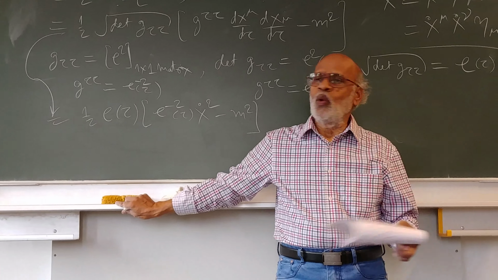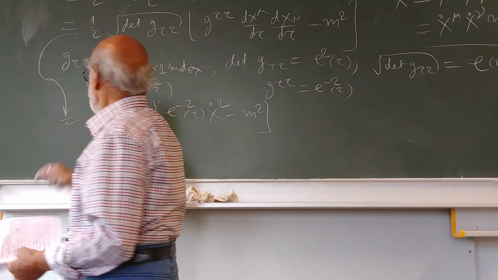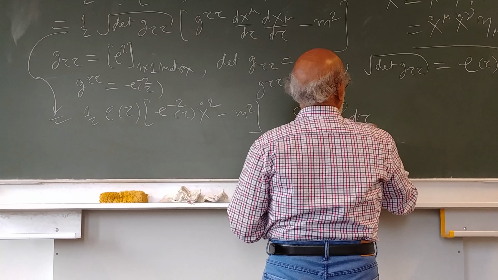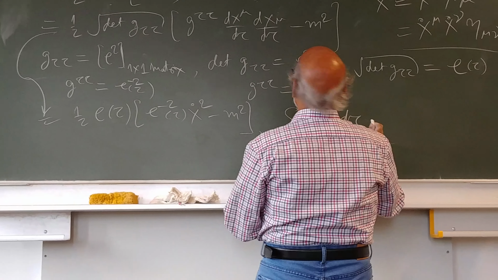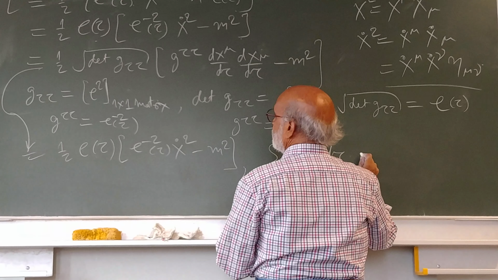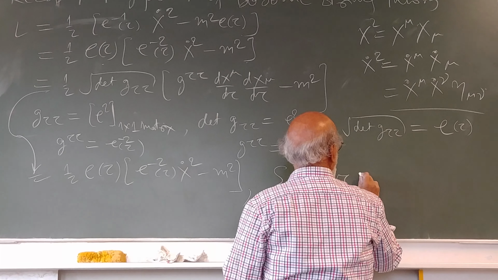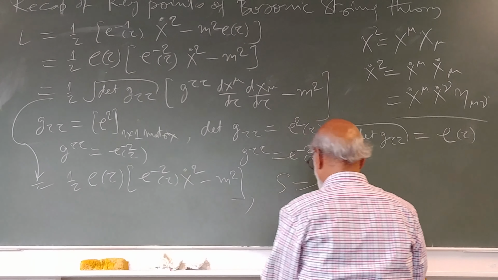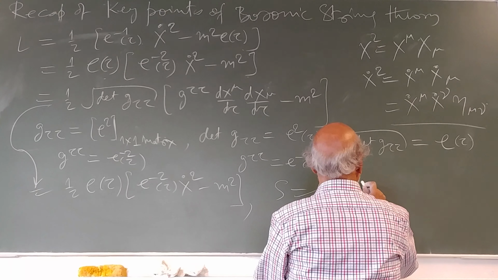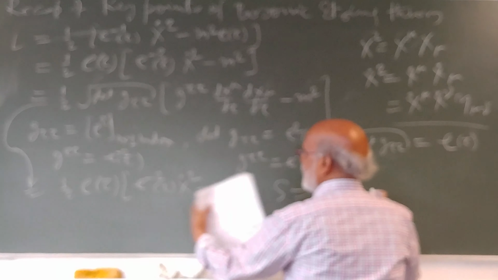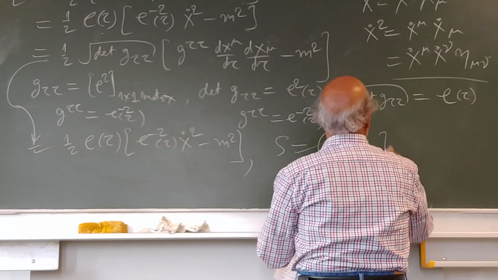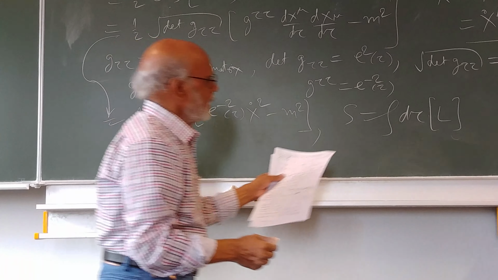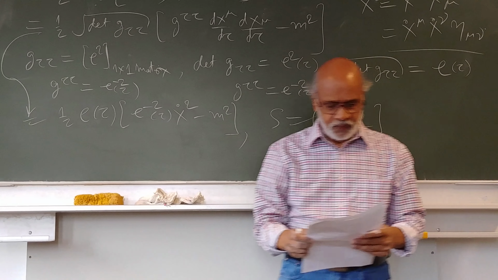Now you can do all the standard manipulations with this. So the action would be integral d tau times, you can put this L here, and you will have the Polyakov action.